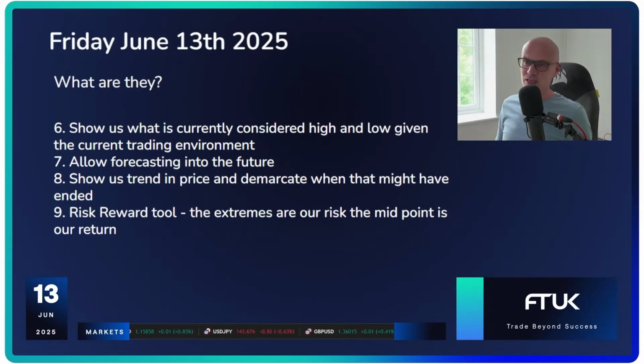Lastly as well, and it's probably more of the advanced type of ways of thinking about what trend lines are doing, and that is to understand that they are in themselves a very, very basic form of risk and reward. They're a tool that we can use to compartmentalize how we measure risk and reward in the market. Okay, well, what does that mean?